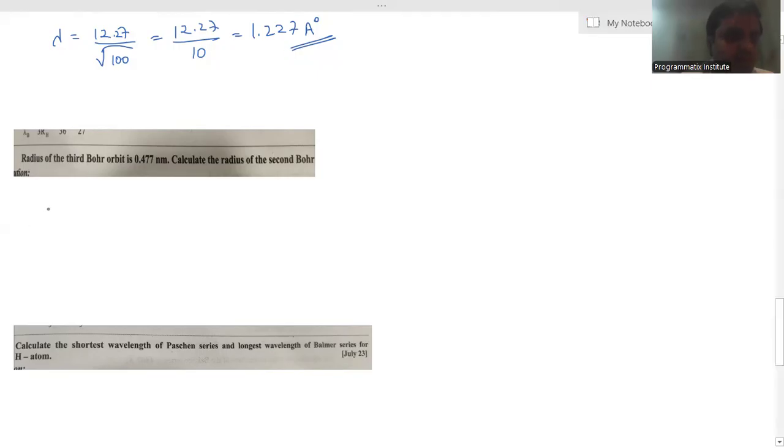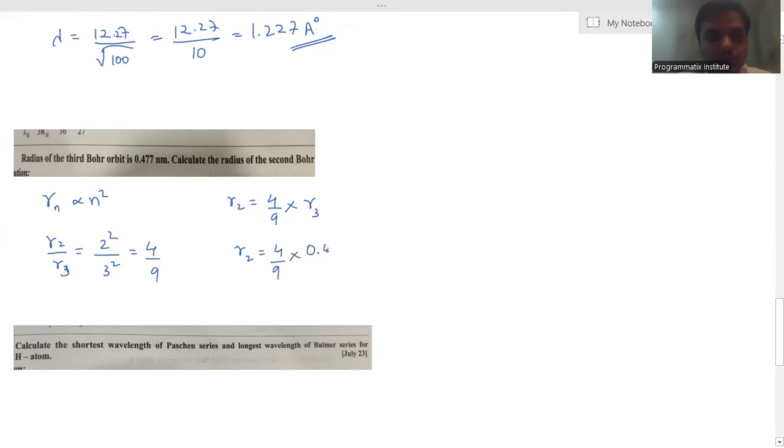So again, I can say the radius of the Bohr orbit is proportional to n square, and if it is proportional to n square, all you have to do is find out the radius of the second Bohr orbit. So just take the ratio R2 upon R3, third Bohr orbit, whose radius is given, which will be nothing but 2 square upon 3 square. This will be nothing but 4 by 9. So R2 will be 4 by 9 times R3, and you have the value for R3, which is 4 by 9 into 0.477.